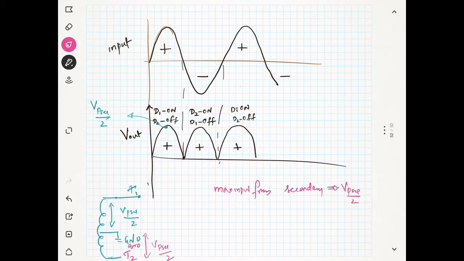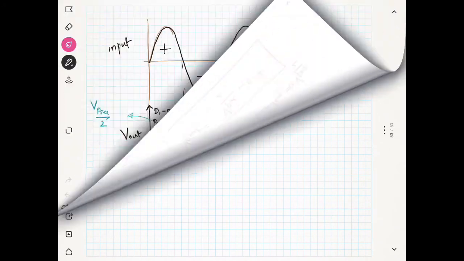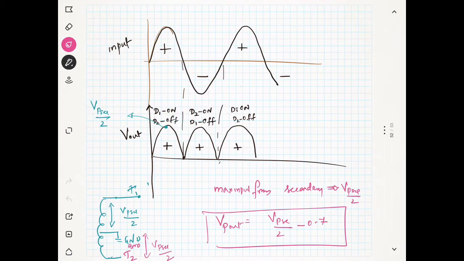And Vp out is nothing but Vp secondary by 2 minus 0.7, because only one diode is on at a time. Okay, the other one is off actually. So we will see we have the Vp secondary by 2 minus 0.7 as the output. Okay, now we will see in more detail.